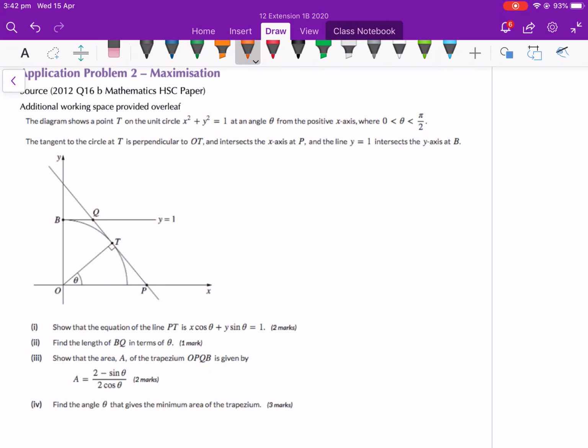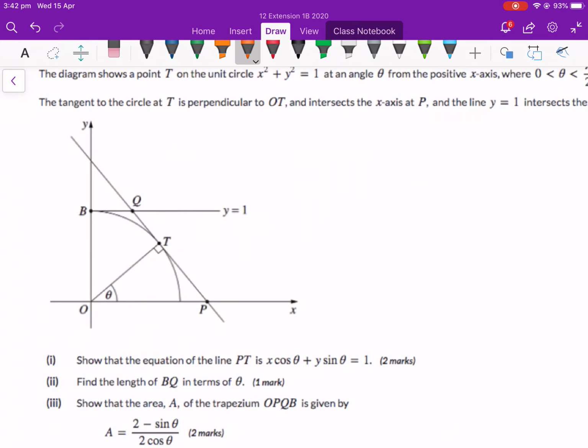It's always good sometimes just to have a look at this and see if we can write down any further information from this particular question. Now, to start with, do we know the coordinates of any of these? Do we know any of the values? We know this is a unit circle, so therefore the radius is 1. So therefore this length here is 1. We also know that this height here is 1 as well. And we can write down some coordinates here.